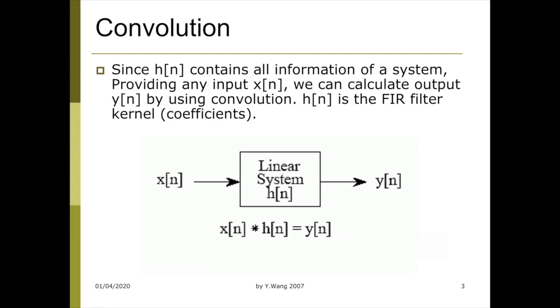They are interchangeable, so don't be confused by them. Normally when people talk about the FIR filter kernel, it also refers to the coefficients of the FIR filter. In the later slides, we will see what the coefficients are.